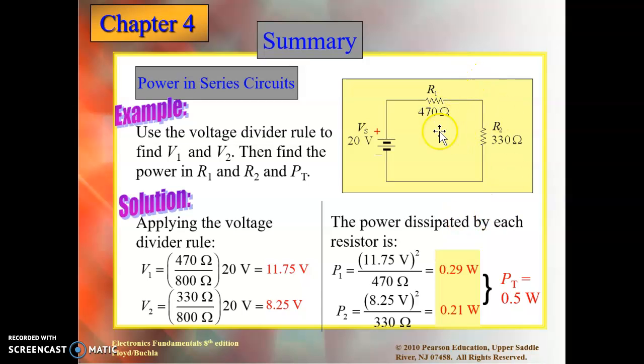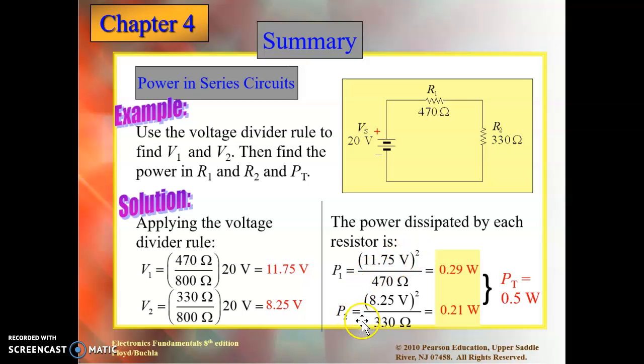Now for the power. I have the voltage and I have the resistor, so I can use the version of Watt's law that says the power is equal to voltage squared divided by the resistor. So in this case, the voltage is 11.75 squared divided by the resistor. I get 0.29.